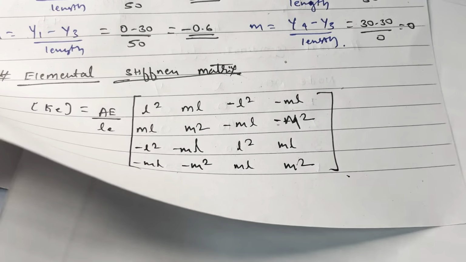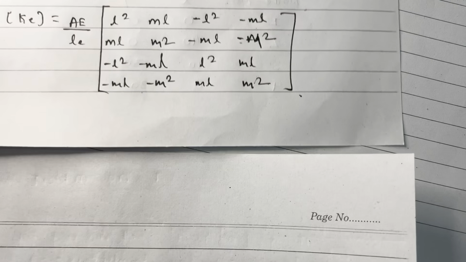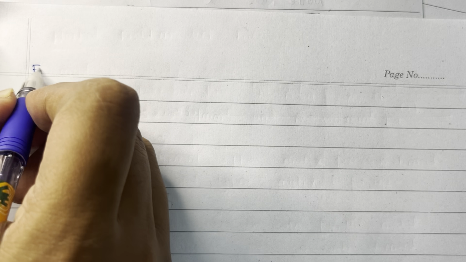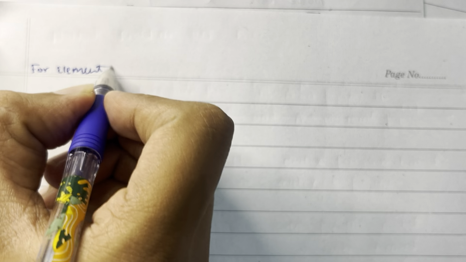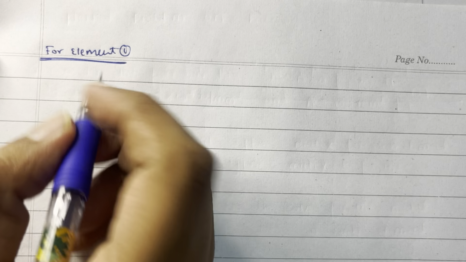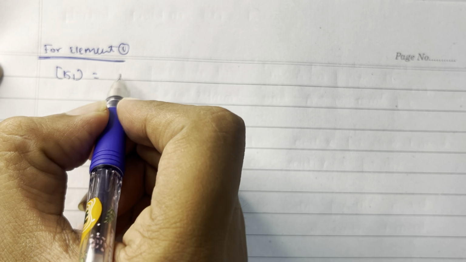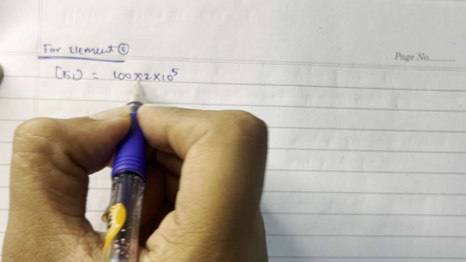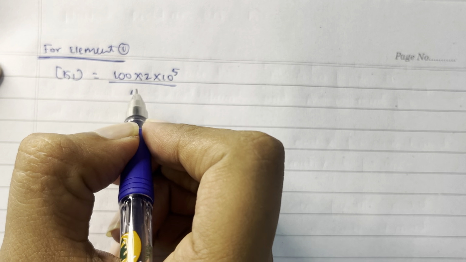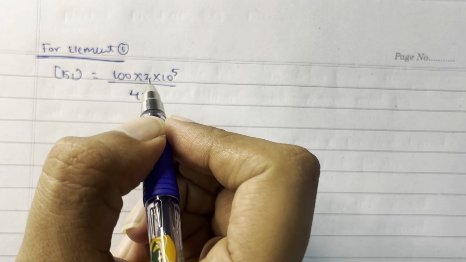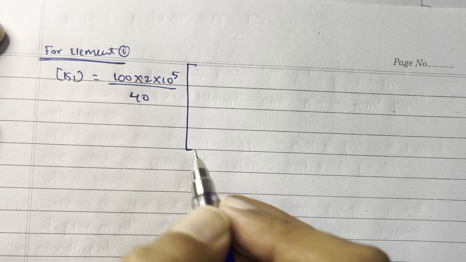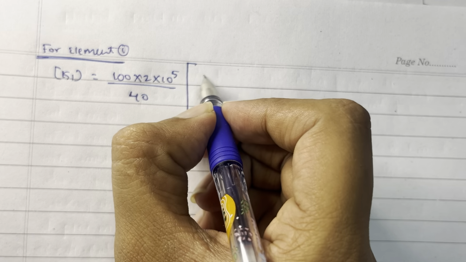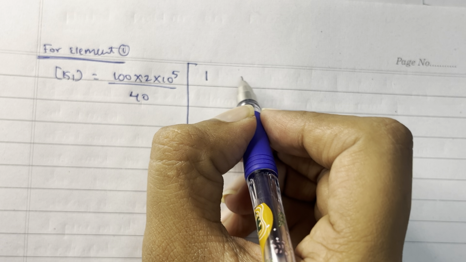Okay, so for K1, element 1, K1 is equal to, as area is 100 and Young's modulus is 2 into 10 raised to 5, divided by length 40, and here L square for element 1, L is 1, so 1 square is 1, then 0 into anything is 0.